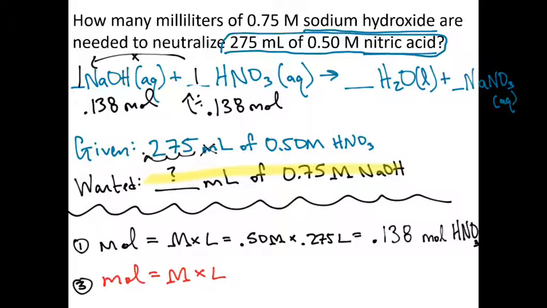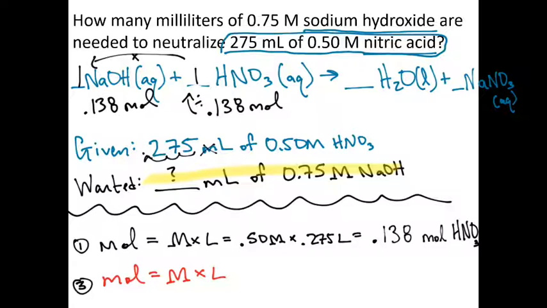All right, so for my moles, I'm going to use the number 0.138. So molarity is now 0.75 because I'm dealing with the NaOH. And I'm going to solve this for liters.